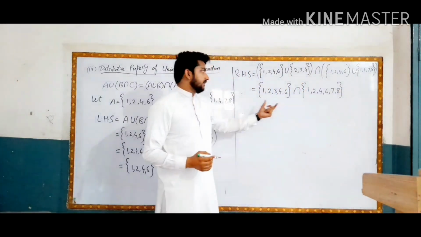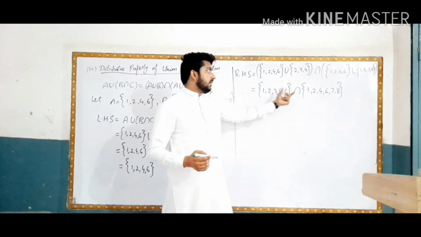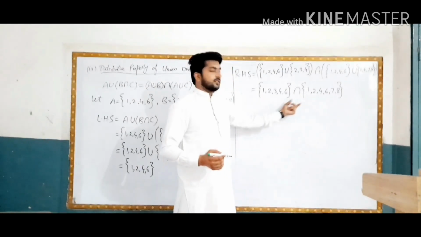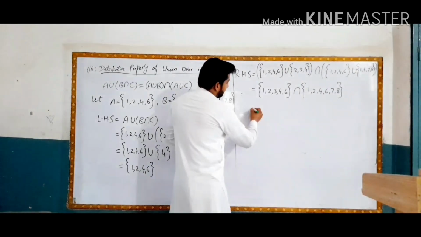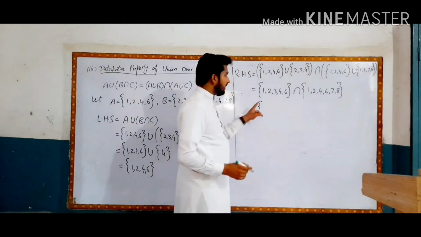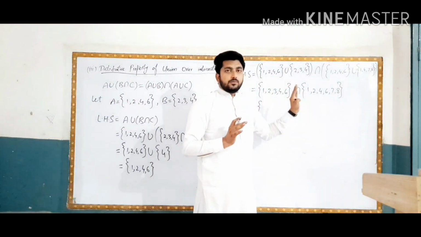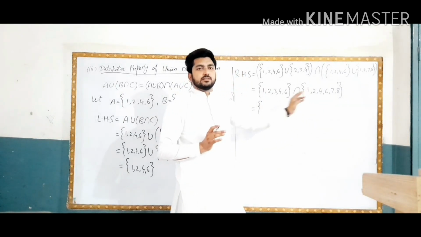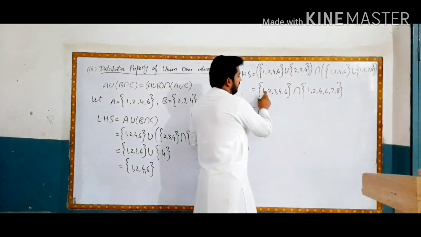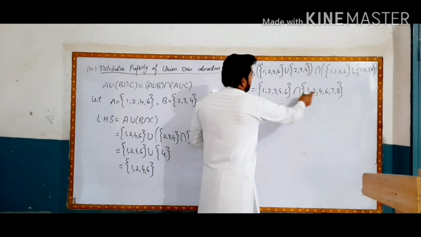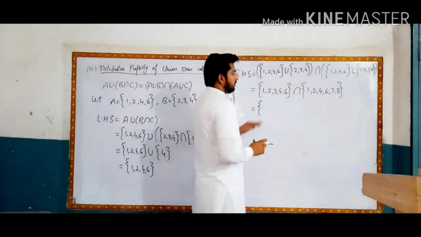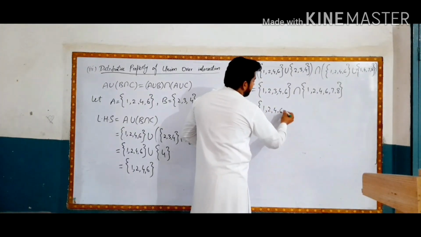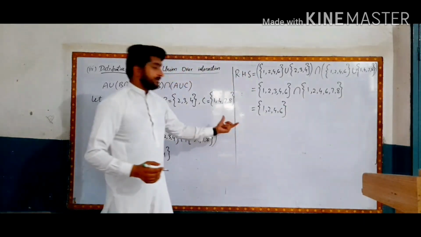Now after getting the unions, we take the intersection of these sets. The intersection will be those elements which are present in both sets: 1, 2, 4 and 6. So this is the intersection {1, 2, 4, 6}. So this is the right side of the property.